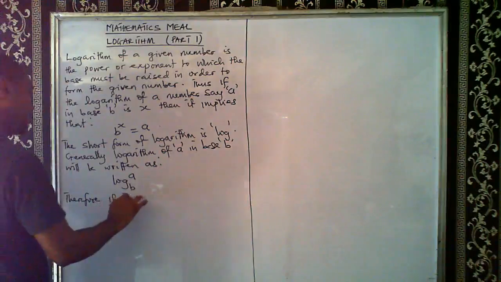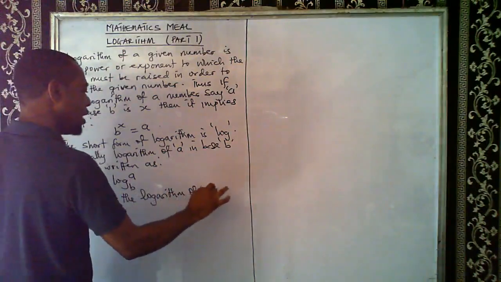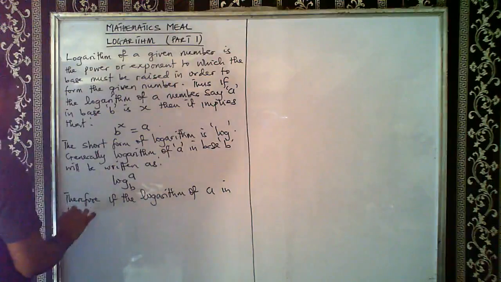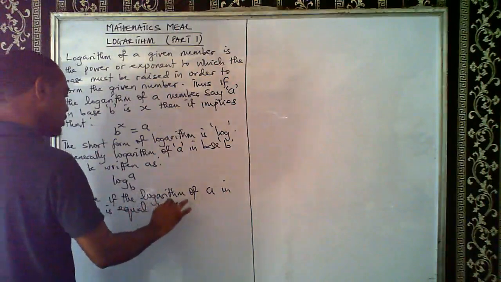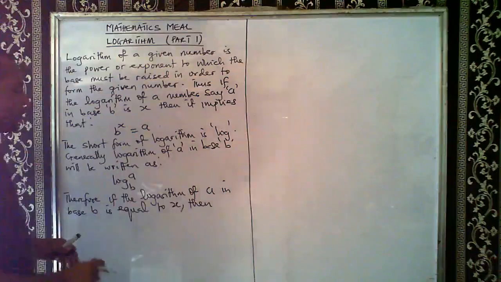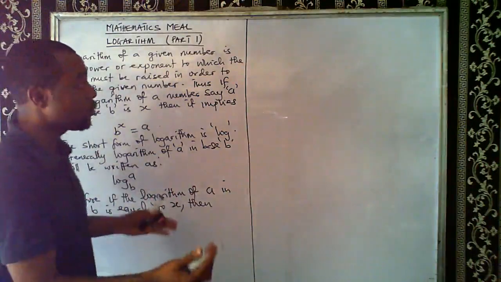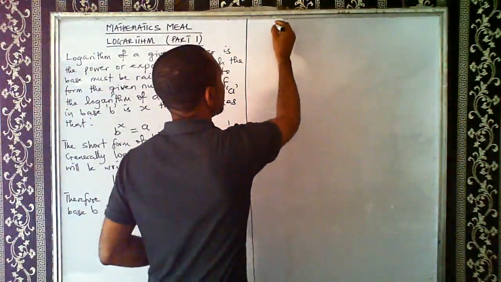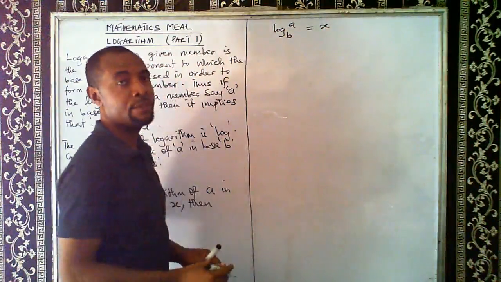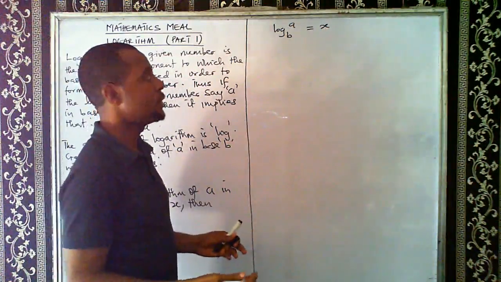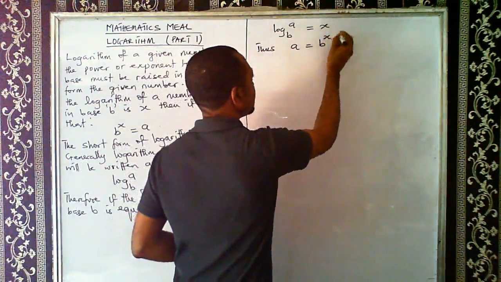Therefore, if the logarithm of a in base b is equal to x, then what it means is that a will be equal to b raised to power x.